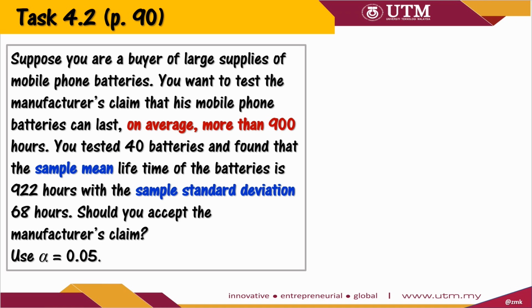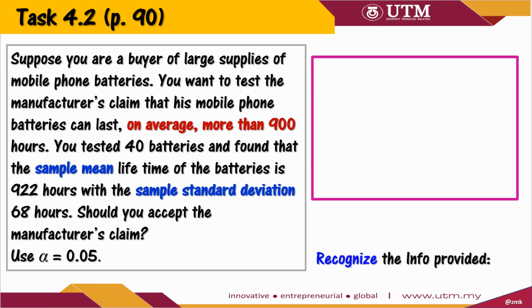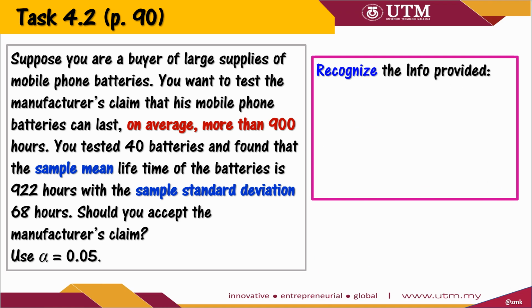Here again we have a test of hypothesis. This time we want to test the manufacturer's claim about his battery's lifetime. As before, we need to first recognize the information provided in the question.